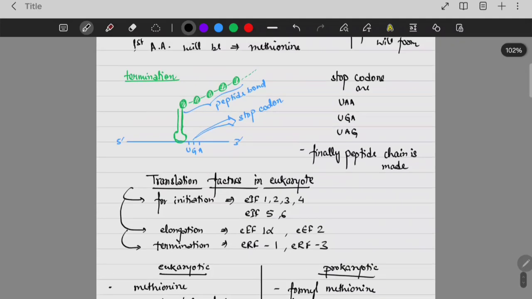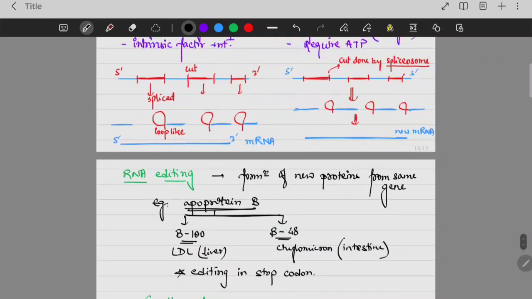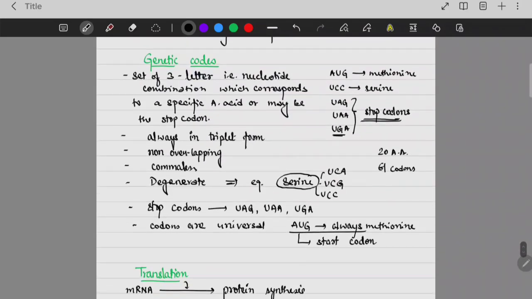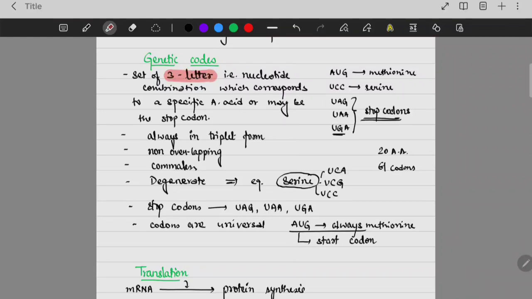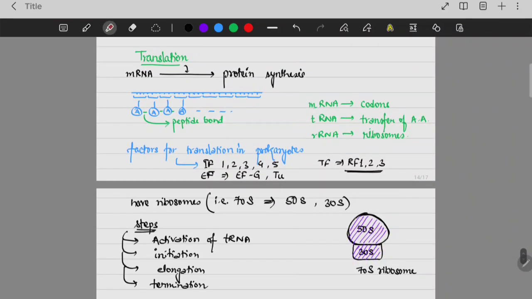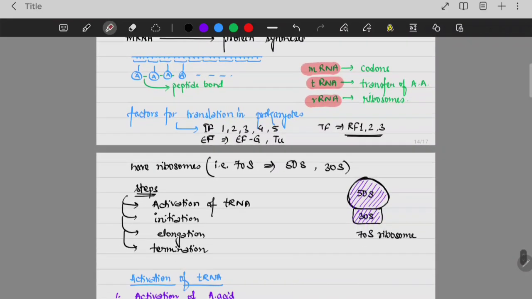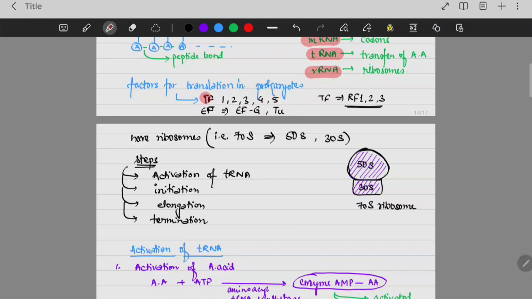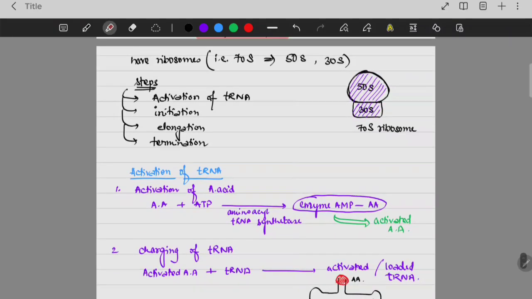Now if I mark the important points from the starting, I have missed the important points in the genetic codes. So genetic codes are 3-letter nucleotides for a specific amino acid, always in triplet form, non-overlapping, universal in nature and degenerate in nature. Stop codons are these 3, and the starting codon is always AUG. Translation has 3 parts. The steps are these 4: activation of tRNA, initiation, elongation and termination.